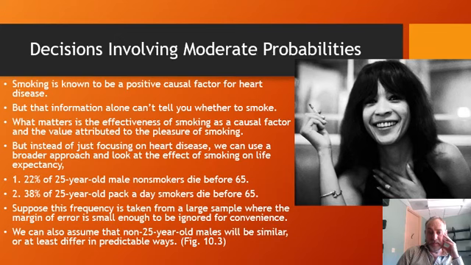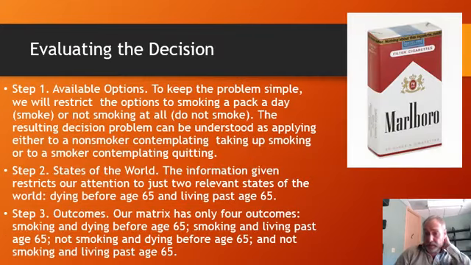But we can assume that people will differ according to their age, but in predictable ways. And 10.3 shows how that's predictable if you want to look at it.